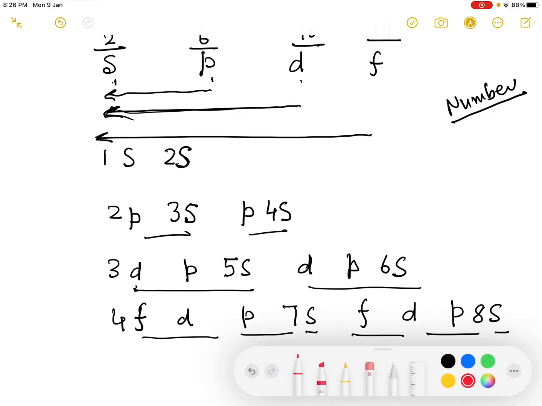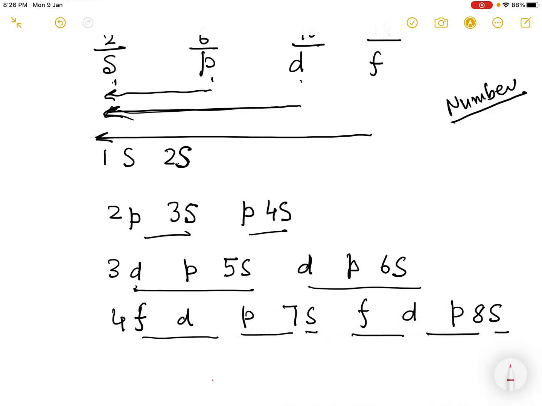Now we write the number of p, 2p here. Then we start from 2. Here it is 2p, then 3p, 4p, then 5p, then 6p, then 7p.